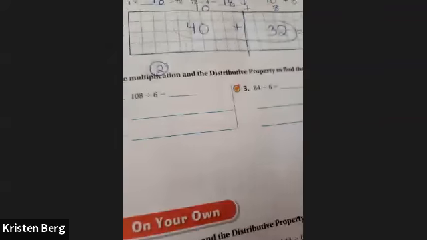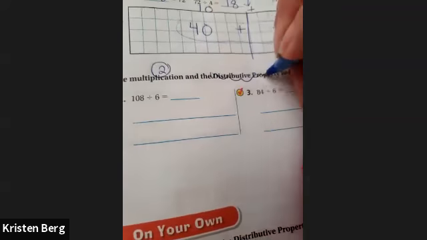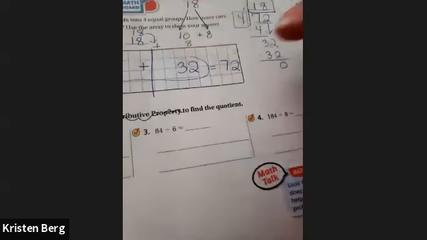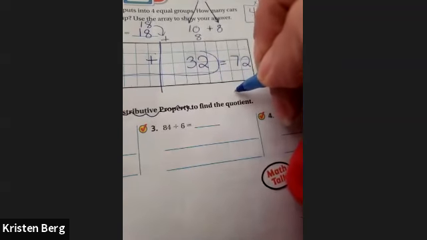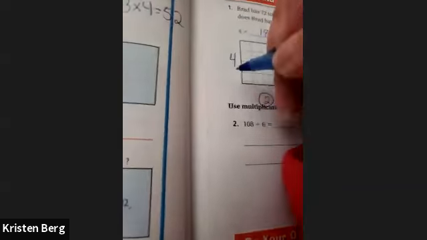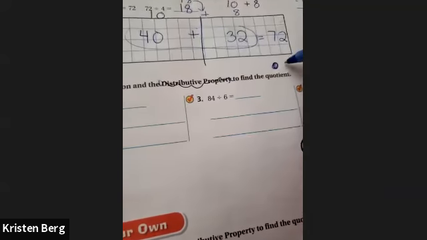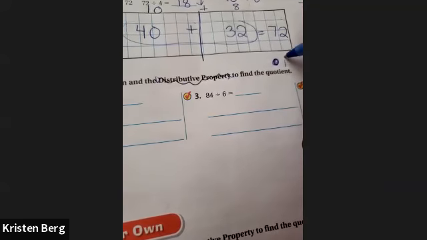But in order to do that, you are not going to be using the distributive property, but I do want you to find the quotient. The quotient means to find the answer to a division problem. So that is what I truly want you to do first.